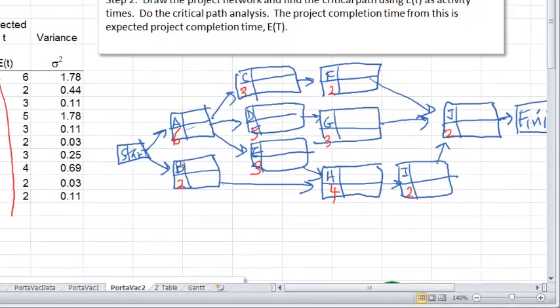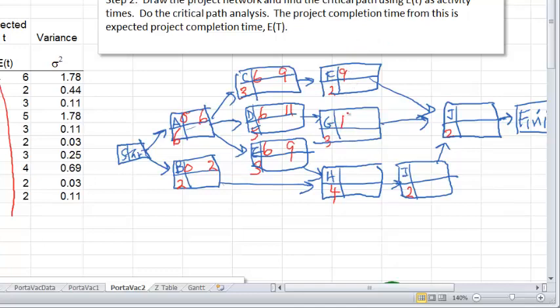Okay, and then we do our usual forward and backward passes. So we went through this before, so it should be easy for you guys to understand, right?